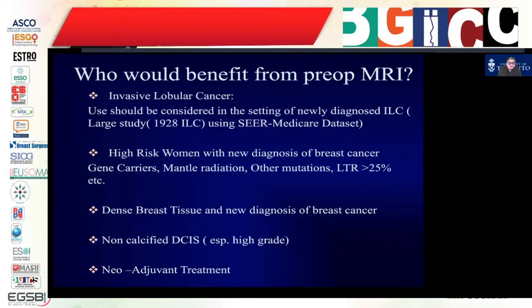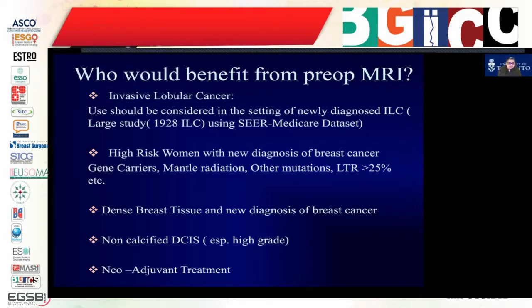So these are gene mutation carriers, other mutations, mantle radiation, women with lifetime risk more than 25%, women with neurofibromatosis 1 syndromes. And so there's a group of these high-risk women, like Ashkenazi Jewish individuals, and so on.